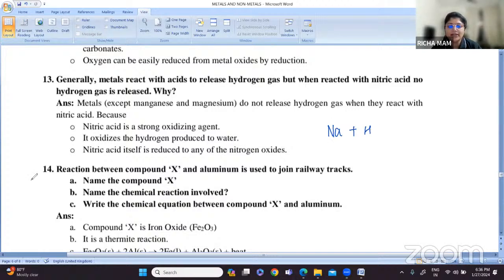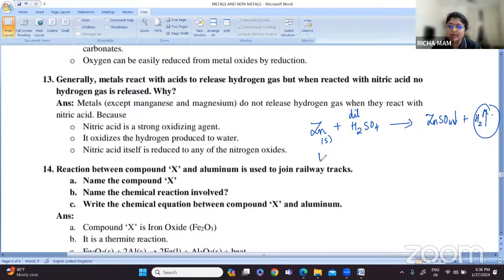So if I take a metal like zinc and react it with dilute hydrochloric acid, hydrogen gas is liberated. You can see hydrogen gas is liberated. Same way with sodium.